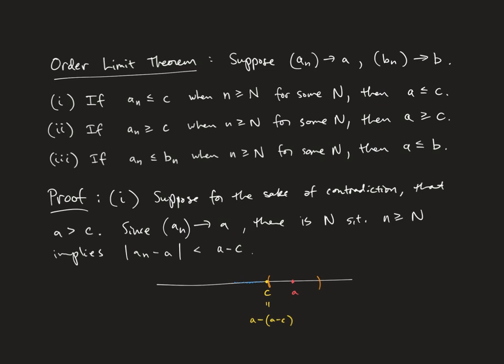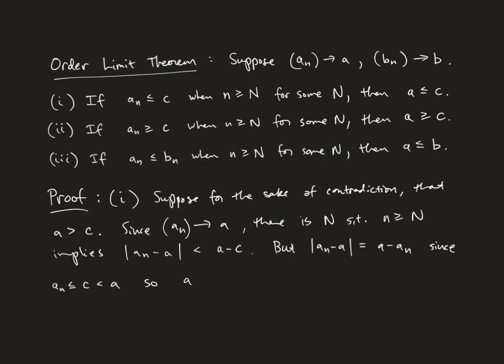But the absolute value of a_n minus A actually equals just A minus a_n, right? Because A is bigger than the a_n's, since we have that the a_n's are less than or equal to C, and that's less than A. So what we have is that A minus a_n is less than A minus C. Equivalently, a_n is bigger than C, right?